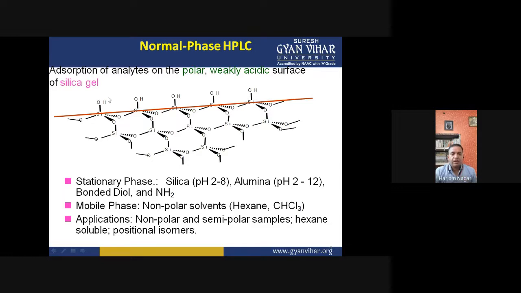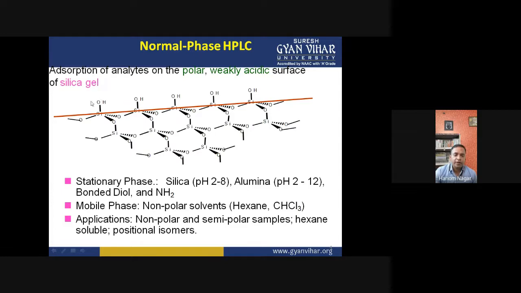At the surface, whenever the analyte molecules come into contact with the alcoholic group, they will adsorb and interact with these groups.